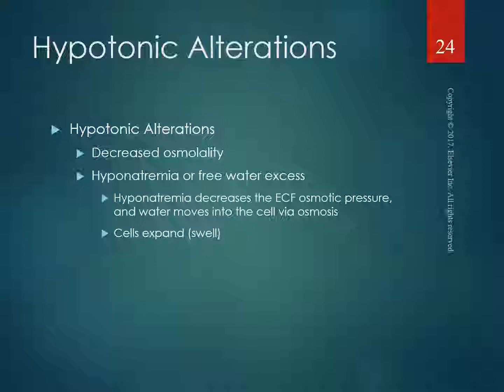Hyponatremia decreases the ECF osmotic pressure, and the water moves into the cells via osmosis. The cell expands and swells. An example of this is when we're using 0.45% normal saline. So that gives you an example of that.